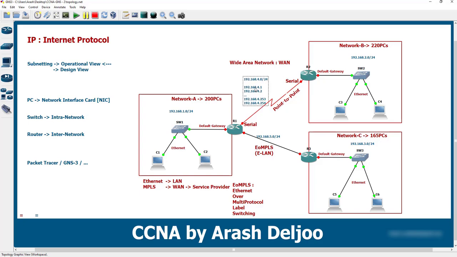Here we have 254 usable IP addresses, but we need only two IP addresses here. Because of that, if you use /24 for these networks, you waste more than 252 IP addresses, because you only need two IP addresses but you use a subnet with 254 IP addresses. Because of that, this is not an efficient method.